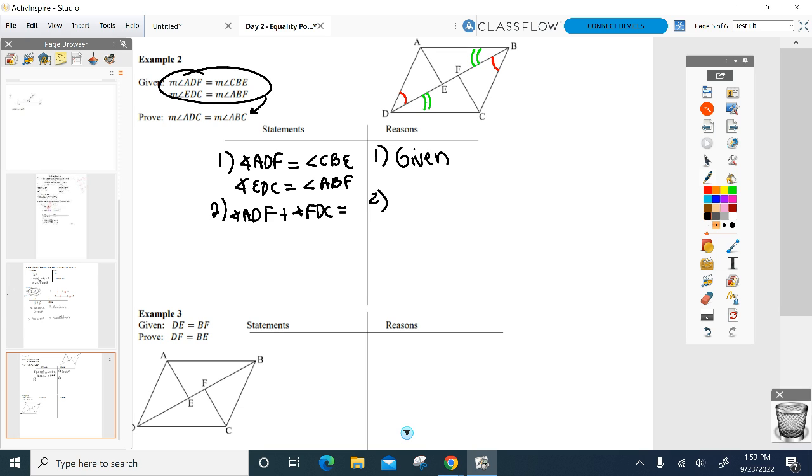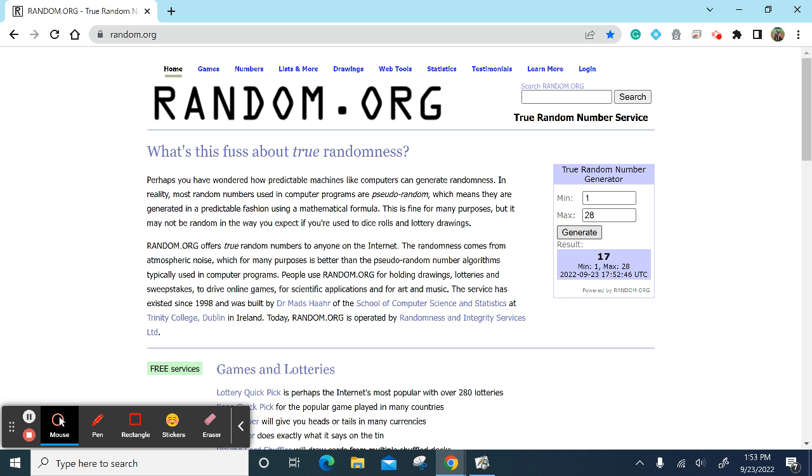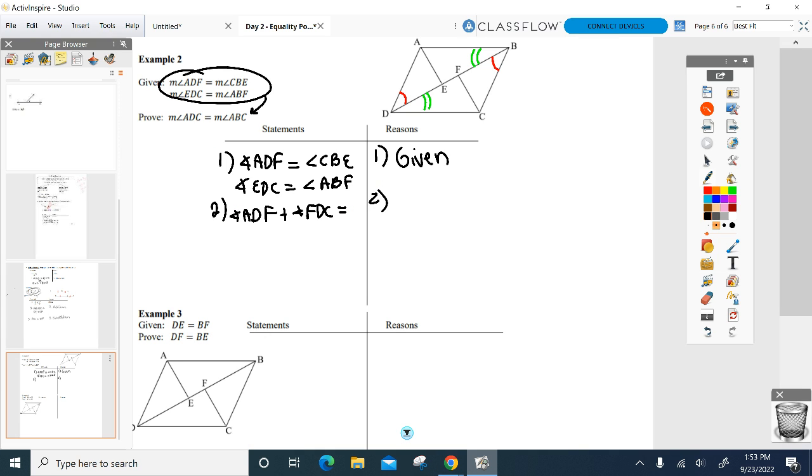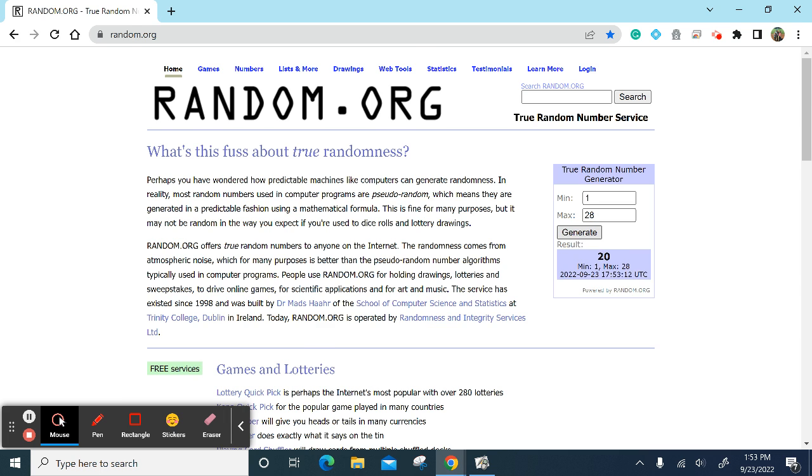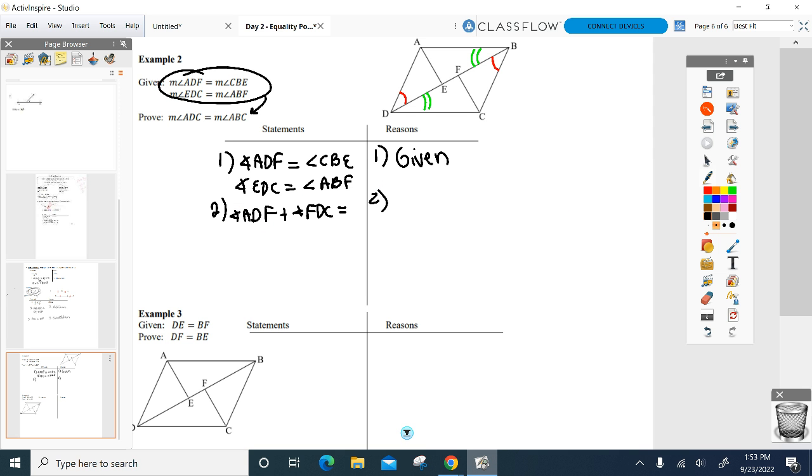Now here, after the equals, you got to tell me the other pair you're adding. All right? The other pair you're adding together? How about 20? That would be CBE. And look right next. Look on your diagram. What's next to CBE? That's the angle you're going to add to it.